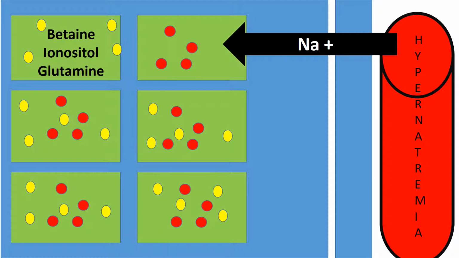So this all will increase the osmotic pressure of even the intracellular space. The extracellular space already has increase in the osmolarity because of the hypernatremia, and now even the intracellular space will have increase in the osmolarity because of movement of sodium inside, as well as because of the production of betaine, inositol and glutamine.